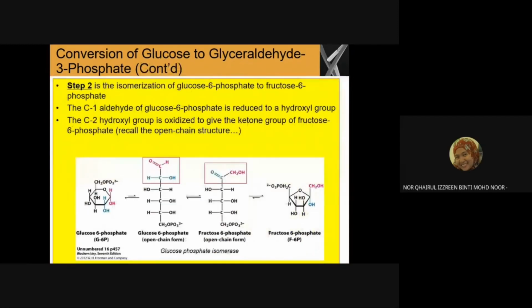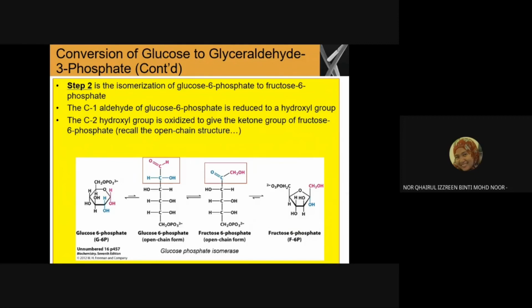The second step of glycolysis is the isomerization of glucose 6 phosphate to fructose 6 phosphate. Why do we need to isomerize glucose 6 phosphate to fructose 6 phosphate?